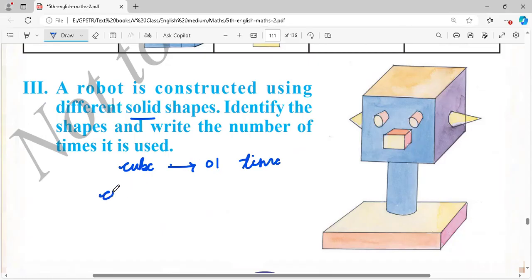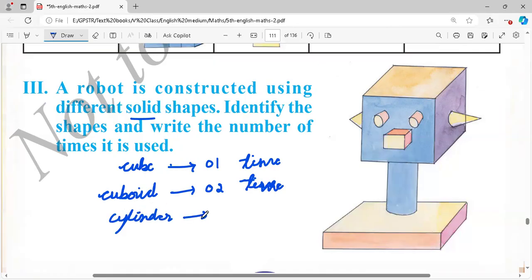Next, cuboid. This is a cuboid. This one is also a cuboid. Two times. Next, cylinder.